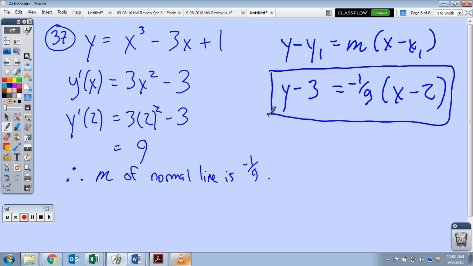Yeah, the first enter goes to the next line. y equals x cubed minus 3x plus 1. So x is right here. And then raised to the third power, you can carry it here, minus 3x plus 1.